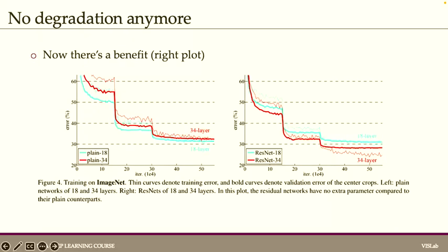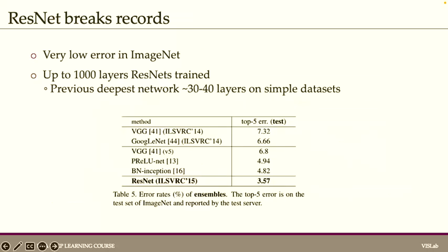With that, they actually were able to train the 34-layer neural network. On the left, you can see before, and on the right, you can see after. Now the 34-layer neural network actually performs much better than the 18-layer neural network. With that, they showed that they can train much deeper neural networks.